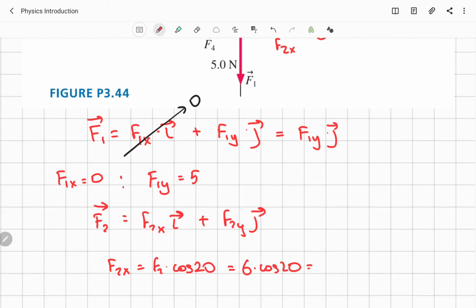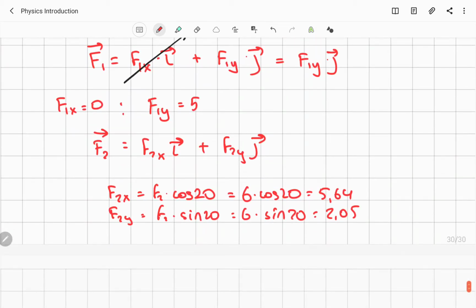Approximately it will be equal to 5.64. Same for the y component. f2y equals f2 times sine 20, 6 times sine 20, which is approximately 2.05. So the x component and the y component for the second vector are given for us, both positive because of direction.